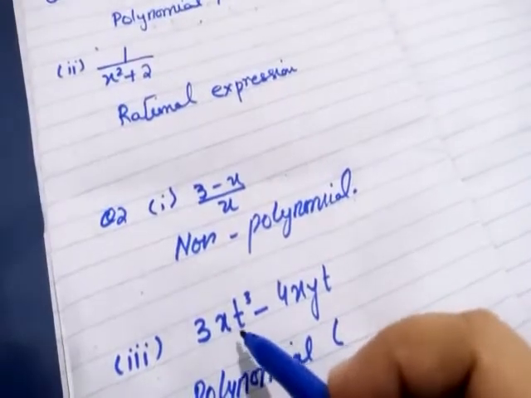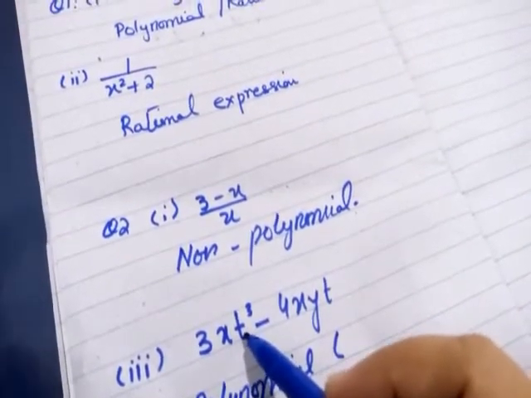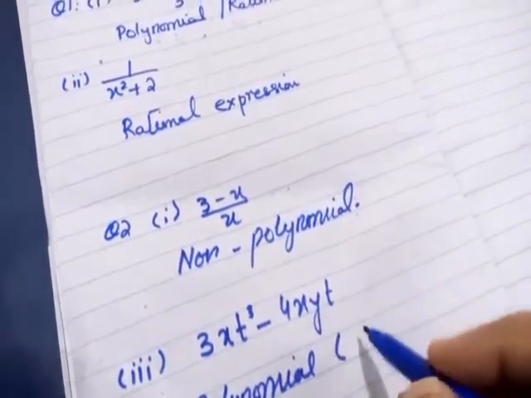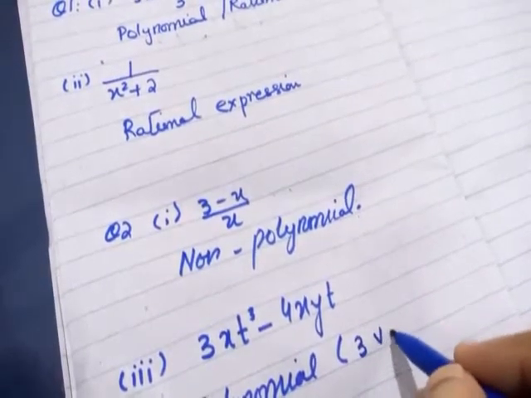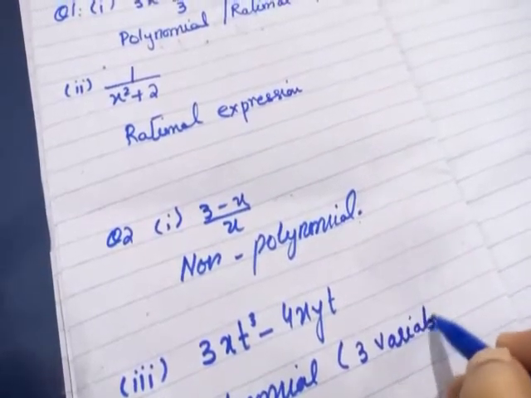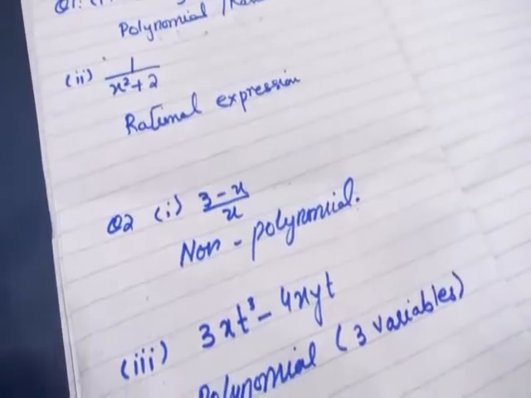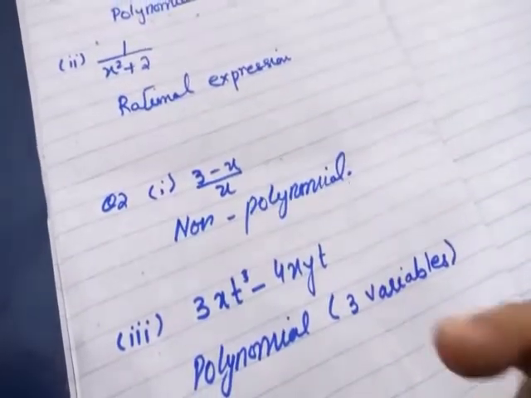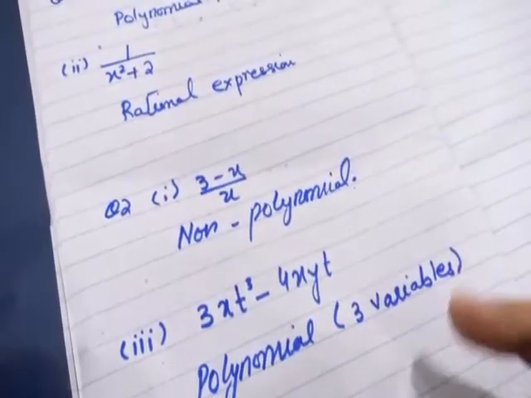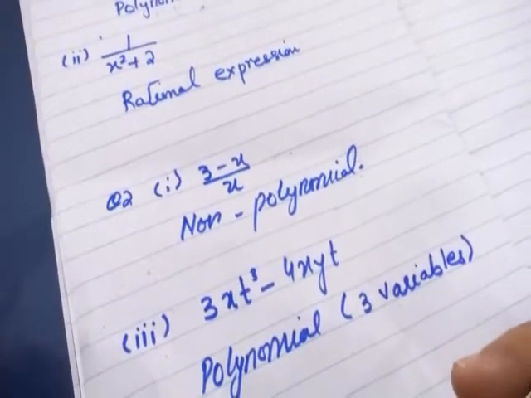What is the number of different variables here? 1, 2 and 3. There are 3 different variables used here. 3 variables. In the same way you will solve the remaining parts in your registers.